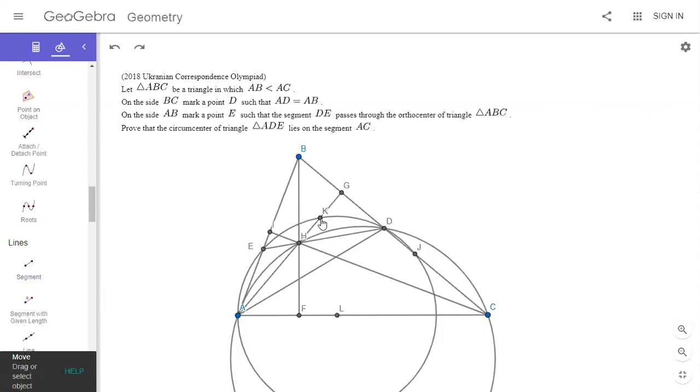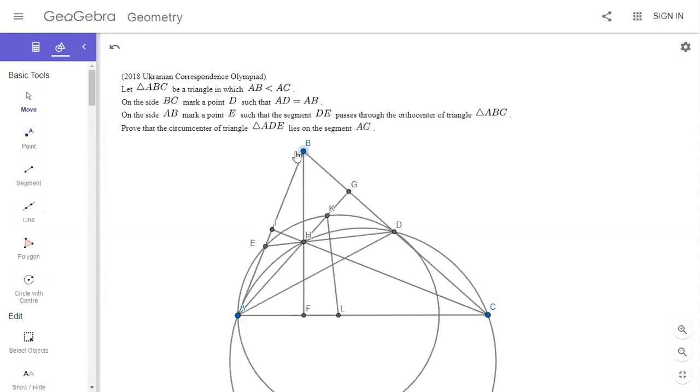So maybe we could draw the perpendicular from K to DE and let it be L. And then we want to show L is the circumcenter of AED. That's one way to do it. Whoops. I kind of like that.